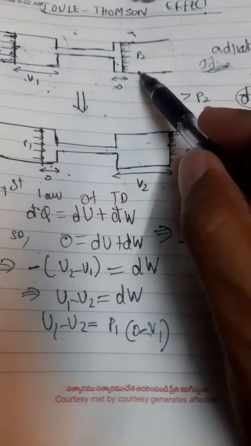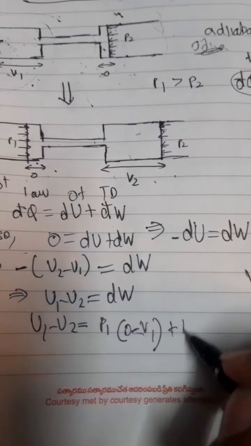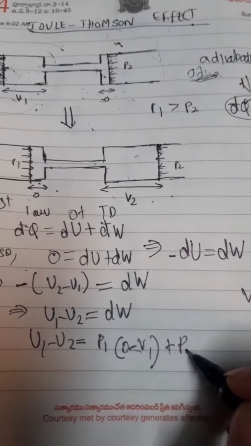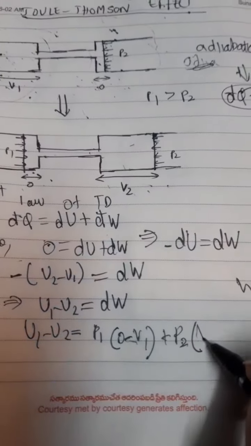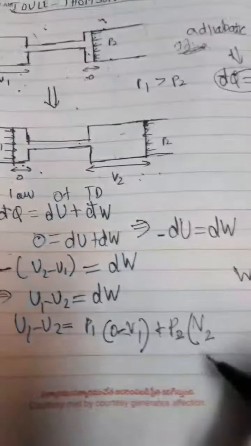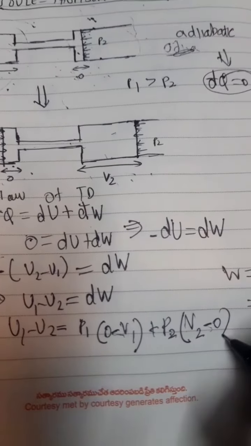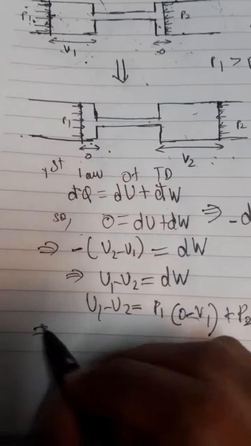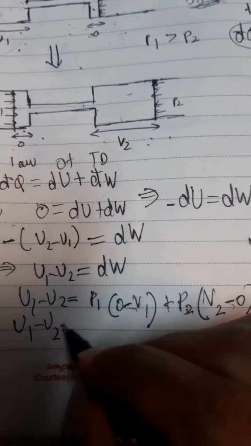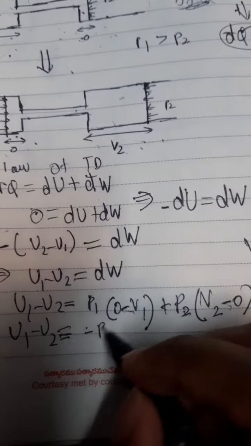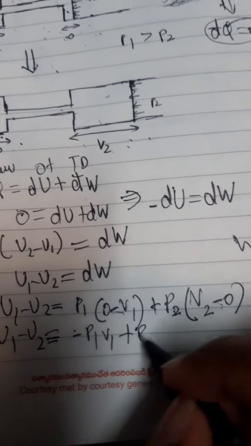And for this cylinder the pressure is P2, so P2 into dV, where the final volume is V2 and the initial volume is 0. So this gives us U1 minus U2 is equal to minus P1 V1 plus P2 V2.